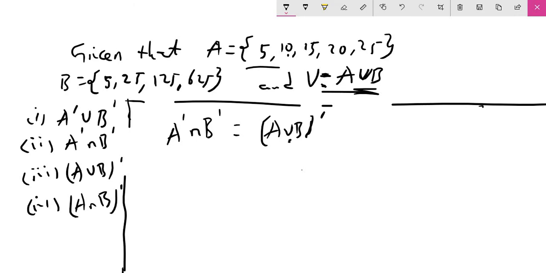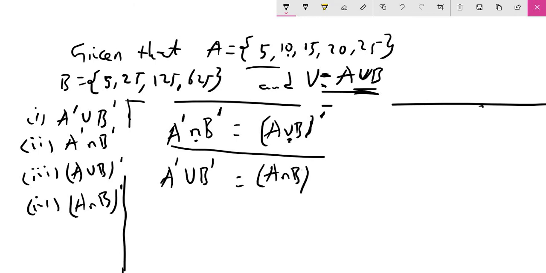Remember the operator in both cases. The intersection of A complement and B complement is equal to A union B complement. This is De Morgan's law. And by the way, the other way is also true, meaning A complement union B complement is also equal to A intersection B complement. These are both De Morgan's law.